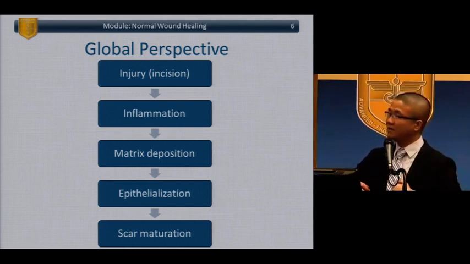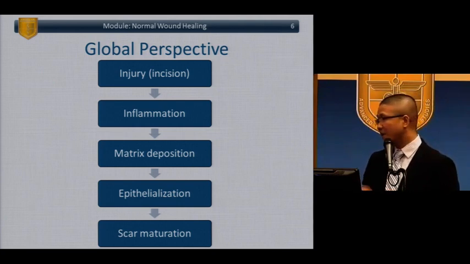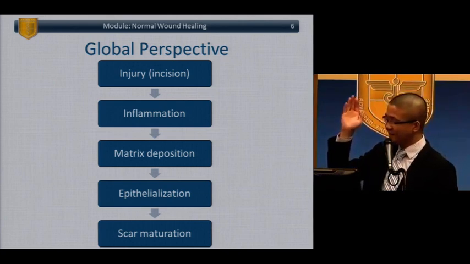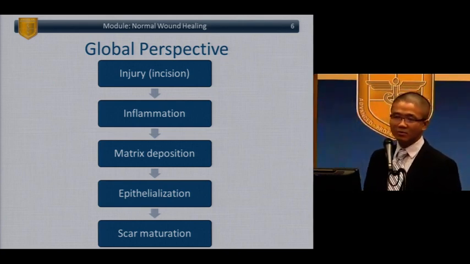Those cells come in and they say, all right, now the area is clean. They lay down this lattice work upon which I can grow, right? And then epithelialization happens. And as epithelialization happens, the underlying, what we're not seeing in all of this, is the scar maturation process, which can go on for months. And so this is what happens in a normal sequence of things when you're injured, right?